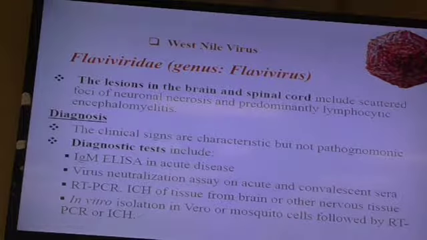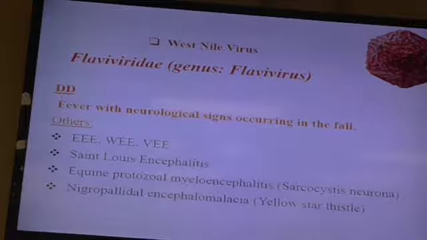The diagnostic tests are the same as in the other diseases, the Eastern, Western, and Venezuelan, which include the IgM during the acute stage of the disease, and virus neutralization assay looking for antibodies, RT-PCR, immunohistochemistry, and cell culture.